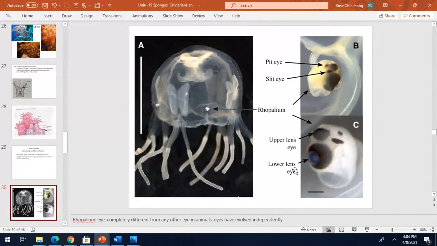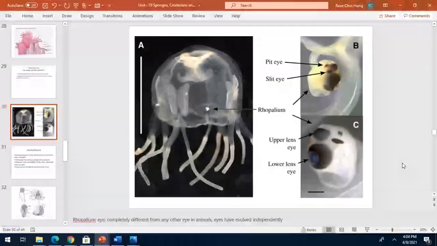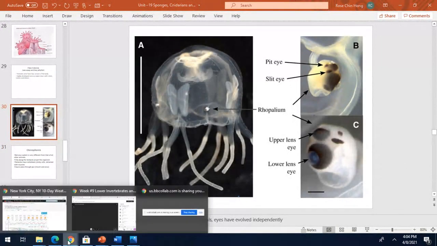This is different from all the other eye evolution in animals, how they can sense; they evolved independently. So here you could see the rhopalium. Well, actually, that's all we need to talk about on the box jellyfish.